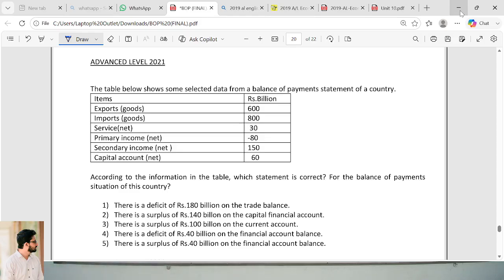Then, lamai, the service net value is given, no problem, plus 30. Then the primary income account, net value given, minus 80.